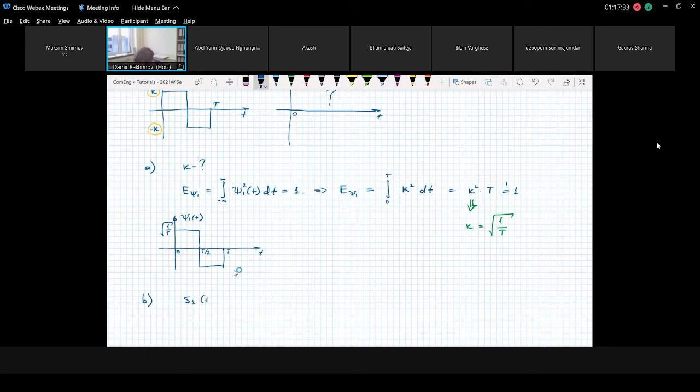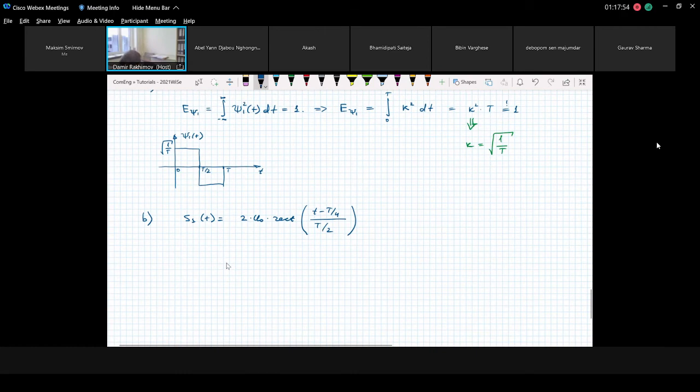S1 of t equals signal 2 times u0 times rectangular of (t minus capital T over 4) divided by capital T over 2. So this is our first signal, and let's plot it.